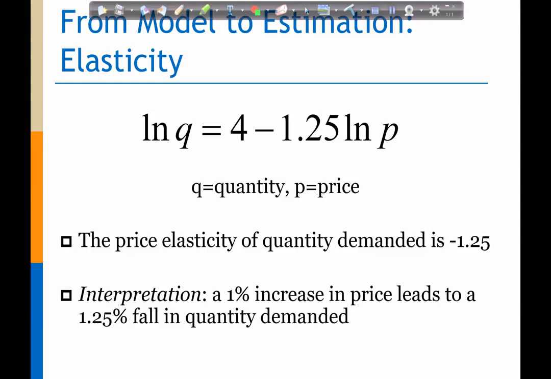In this case, the price elasticity of quantity demanded is negative 1.25. To interpret that, we would say a 1% increase in price leads to a 1.25% decrease in quantity demanded. I just wanted to show this to you because if you have a log on the left and a log on the right, you're going to end up with an elasticity. And it's a very easy way to estimate an elasticity.